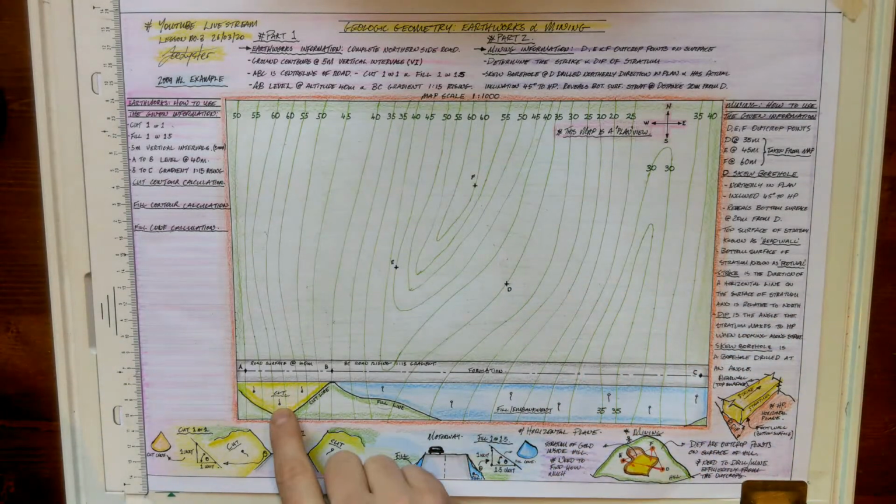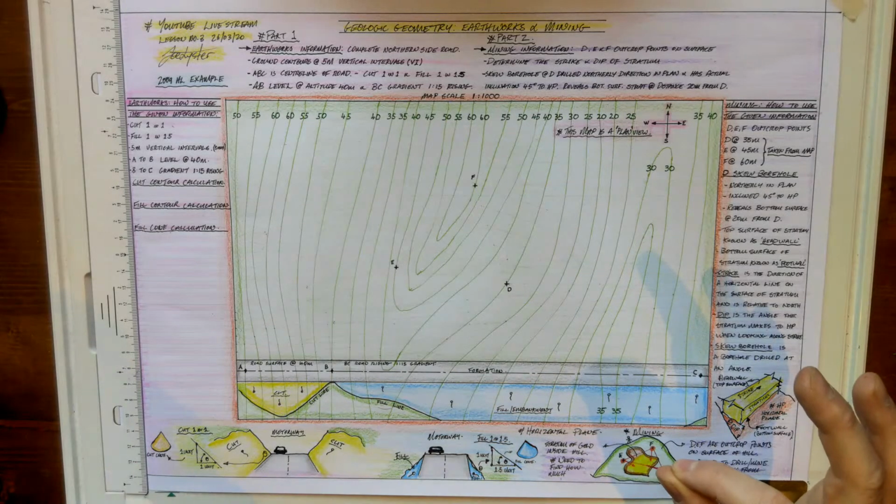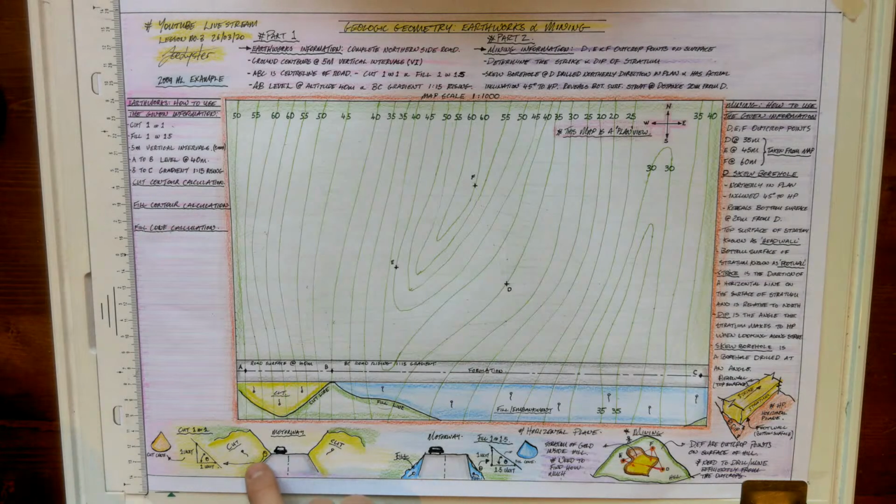So you can see here with the cut, the tadpoles are in this direction and the fill are in that direction. That indicates at a glance to an engineer or whoever is looking at the plans the direction of the ground. And as you can see there on the little sketches, that's what we have.